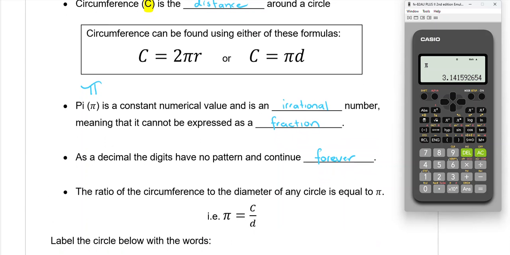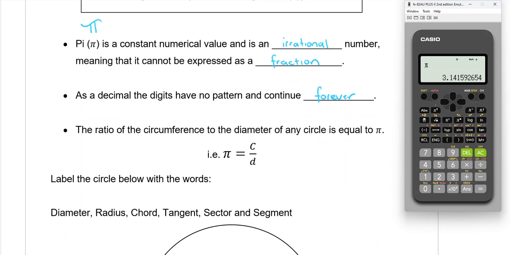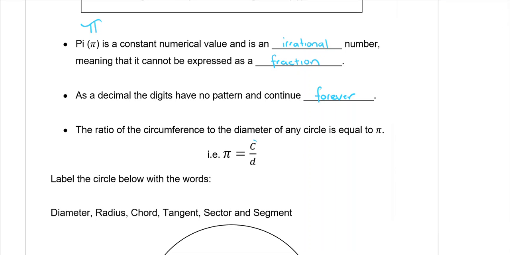Now, the reason we have this number was because it was found experimentally at first that if you wanted to find the circumference of a circle, you would multiply this number by the diameter, or the formula that's written here in our booklet is that the circumference divided by the diameter is always equal to pi.